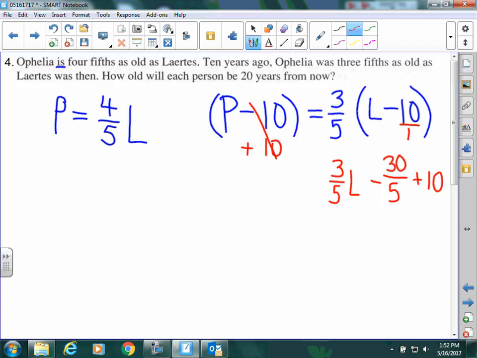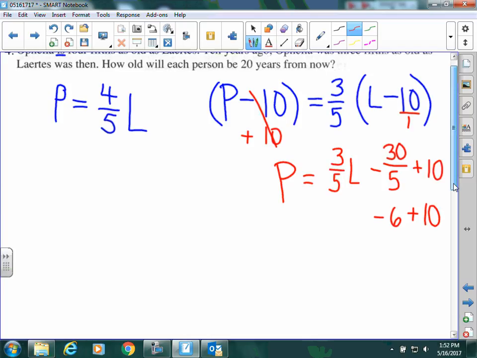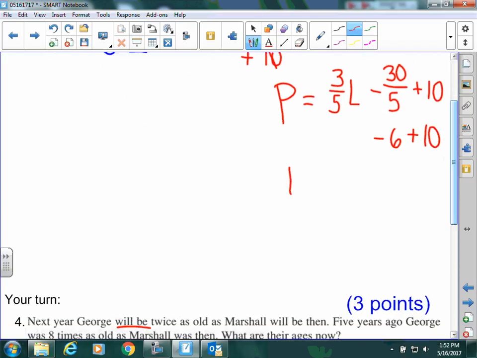So I can just say P is equal to this. Ophelia is equal to 3/5 Laertes, and negative 30 over 5 is negative 6, right? Negative 6 plus positive 10. That's going to work out to Ophelia is equal to 3/5 Laertes plus 4.